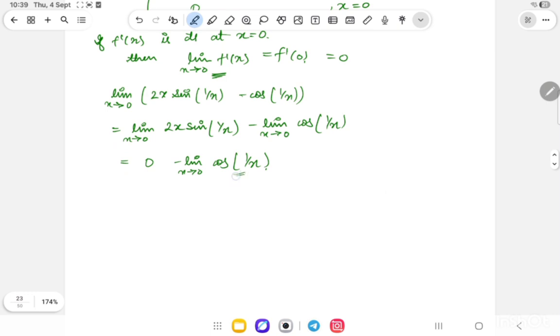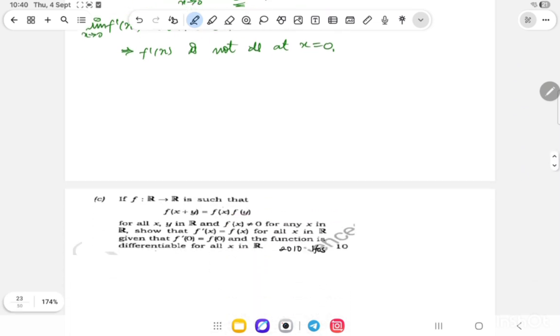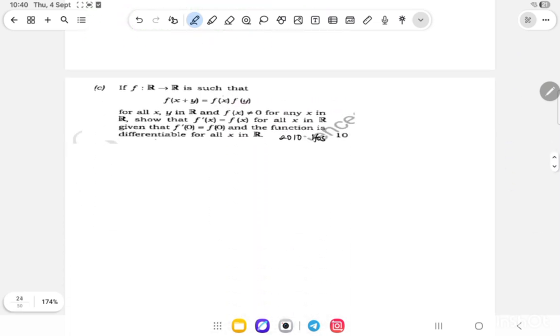But this limit does not exist. So the limit of f dash x as x approaches 0 doesn't exist, and we cannot say if it will be 0 or not. So from here I can say that my f dash x is not continuous at x equals 0. So let's move on to the next question.